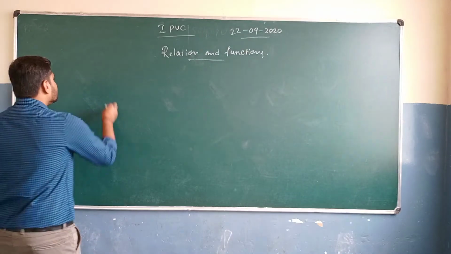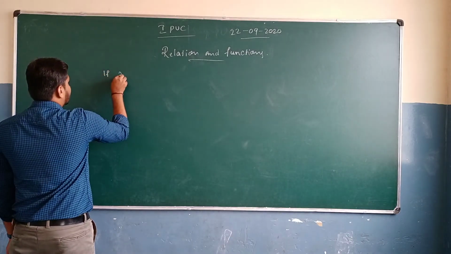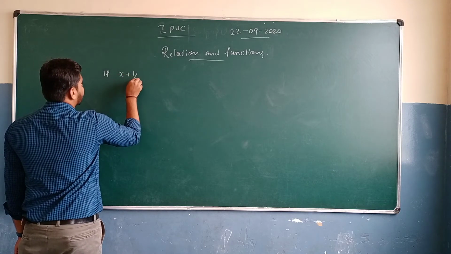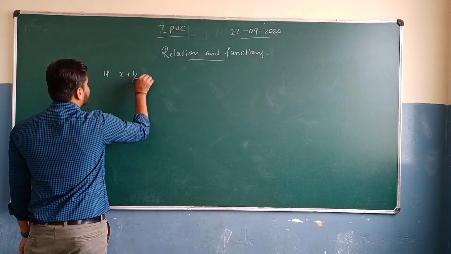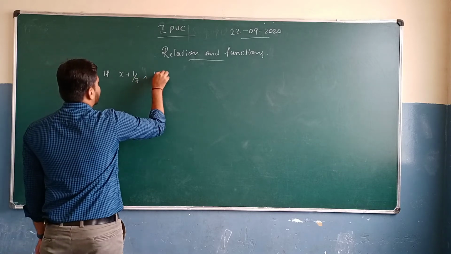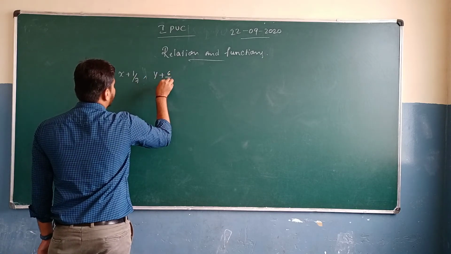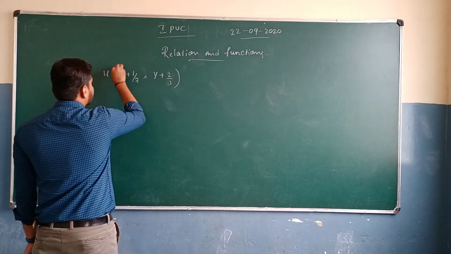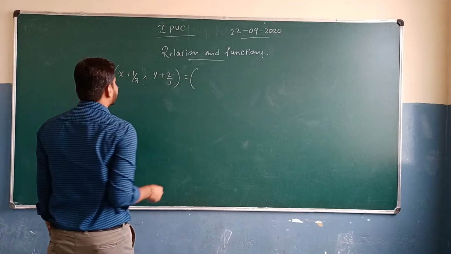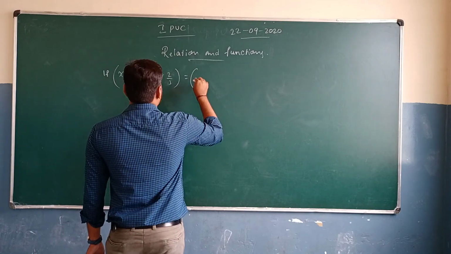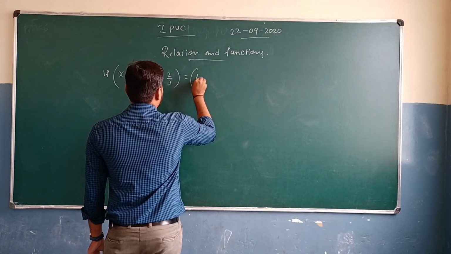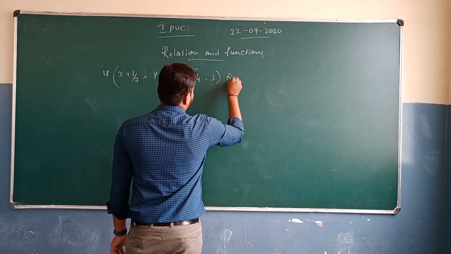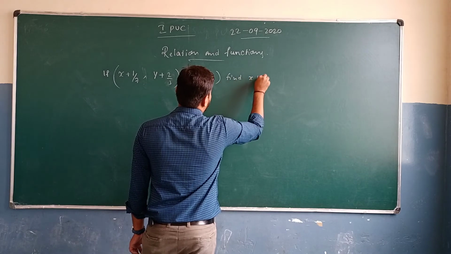Okay, the next one is: if (x + 1/7, y - 2/3) is equal to (4, 3), find x and y.